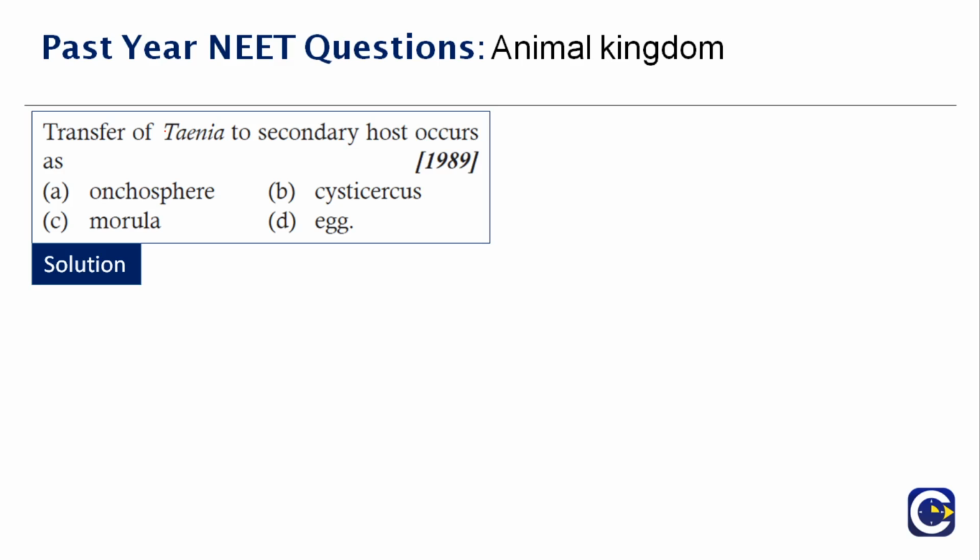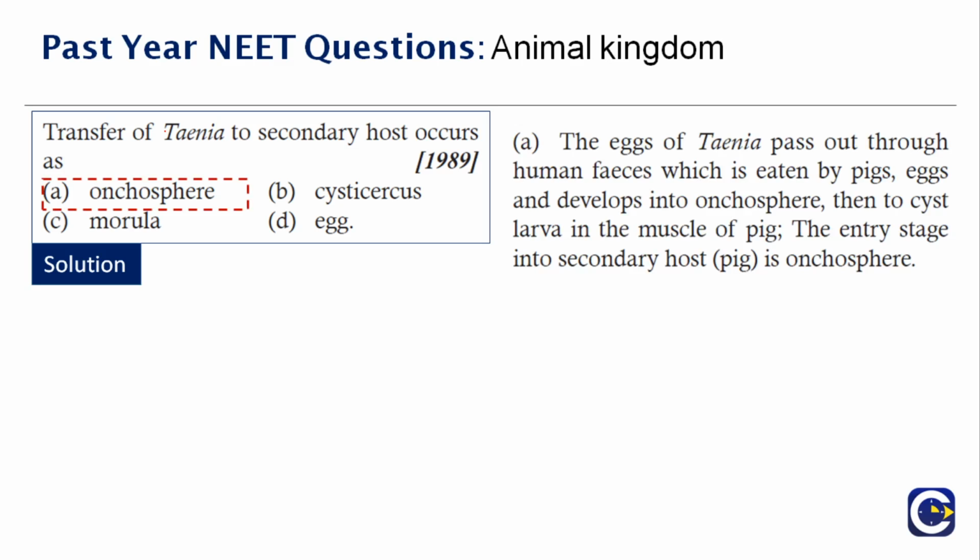I already explained this in the earlier question. The correct answer is oncosphere. The eggs of the Taenia pass out through human feces, which are eaten by the animals present there. So what happens? They get infested and that's how the multiplication continues. Therefore, the correct answer is option A.